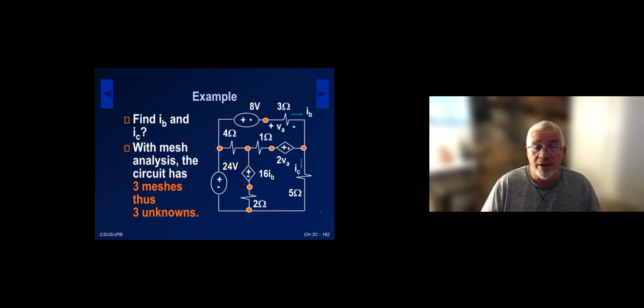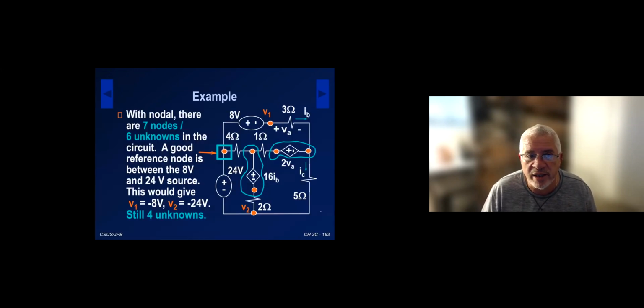Again, you have to look a little bit more in detail further down the discussion in order to reach that conclusion. Mesh may still be good, but it may not be as good as you think. So if, for example, I select this particular reference node that I'm pointing at, that means I know V2.